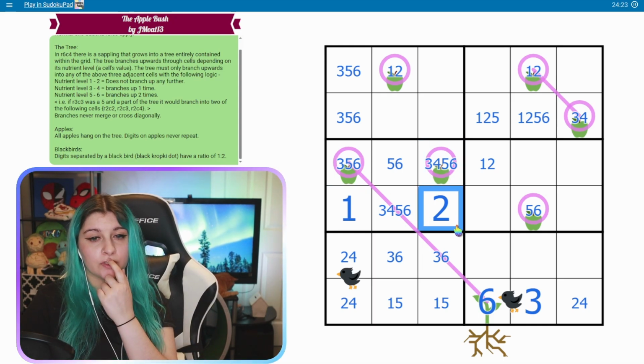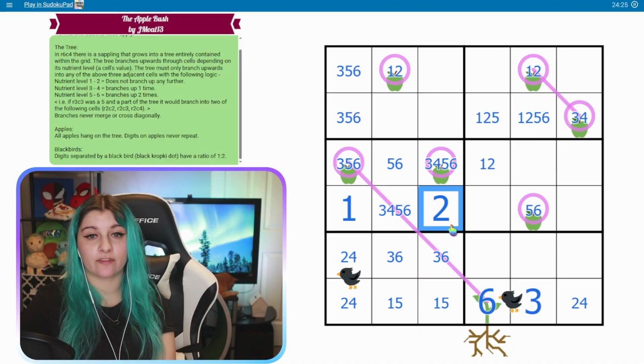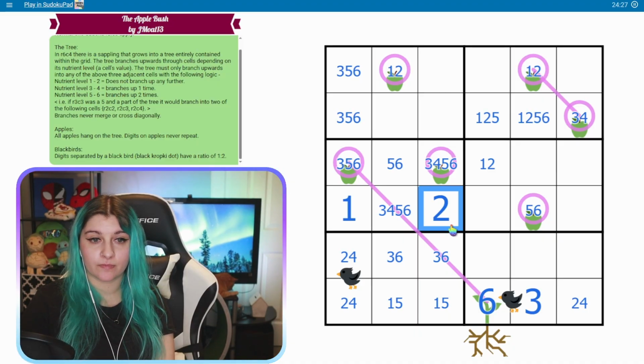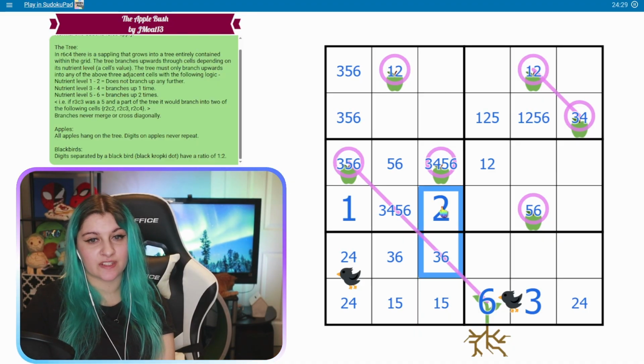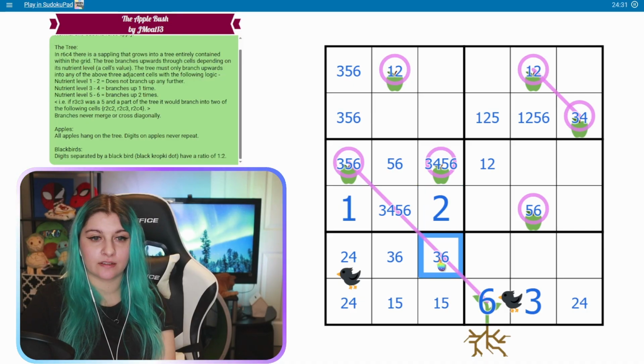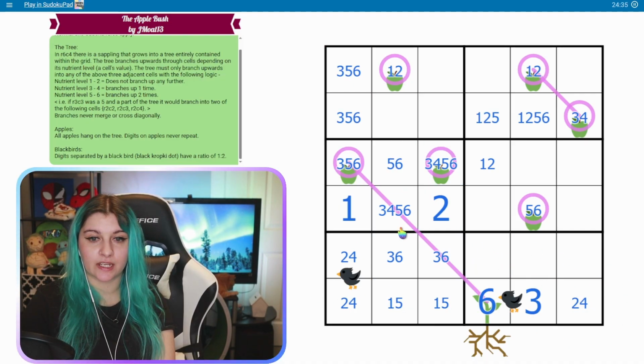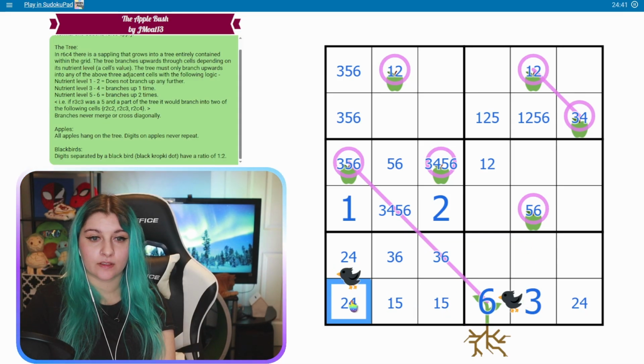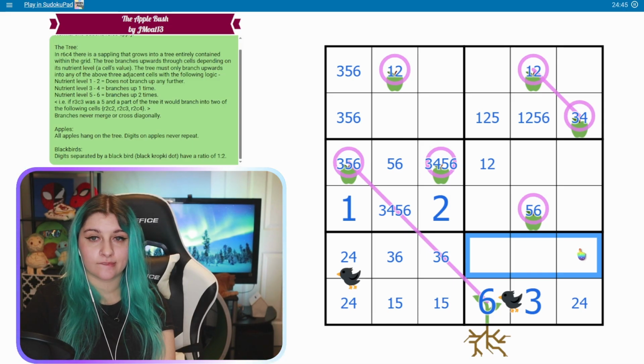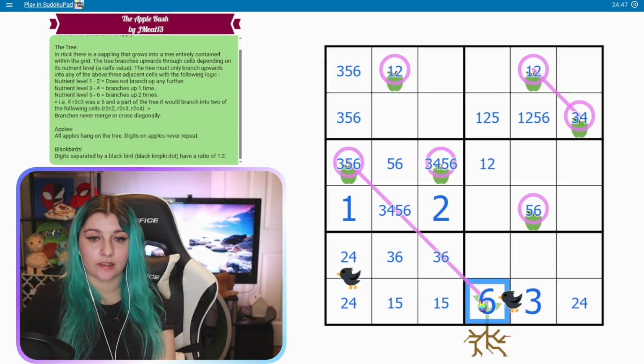The 1 and the 2 don't have branches on them. They could. What if this is a 6 and it just goes up to here? Am I overthinking this? Am I missing something down here that I can do? This digit goes over here somewhere. This 6 still needs to go up somewhere, and it's going to branch up to here.